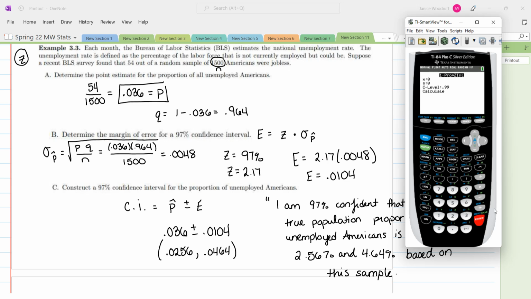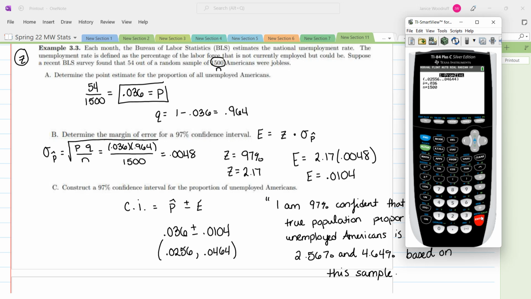And then you need the raw data. So X is the number in the proportion, that's the 54, N is 1,500, and then our confidence level is 0.97. Calculate. There you go.